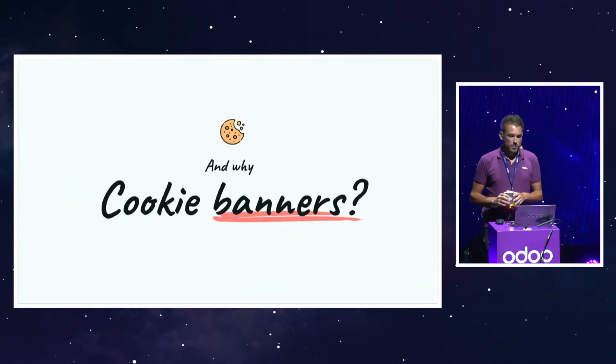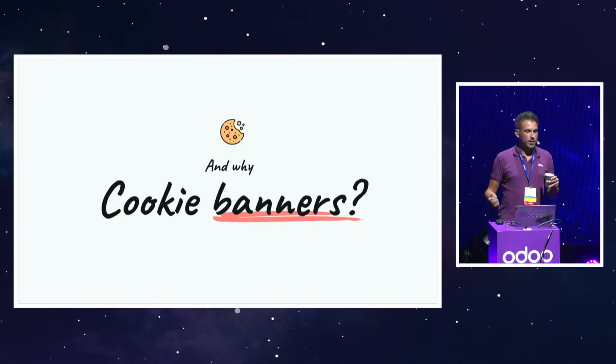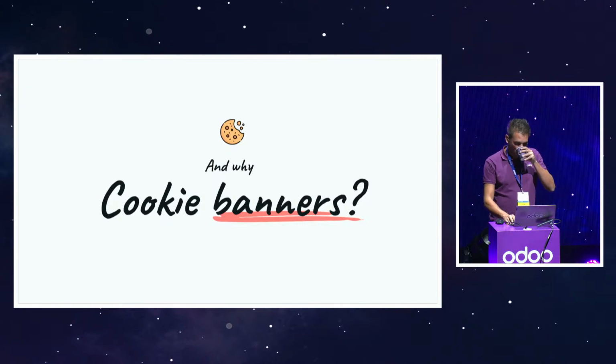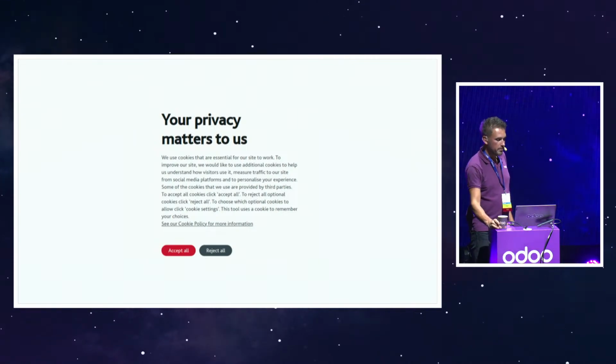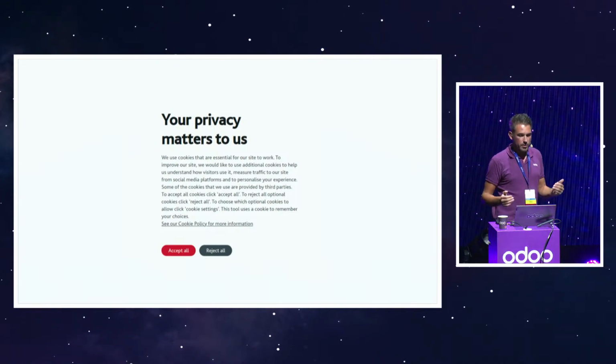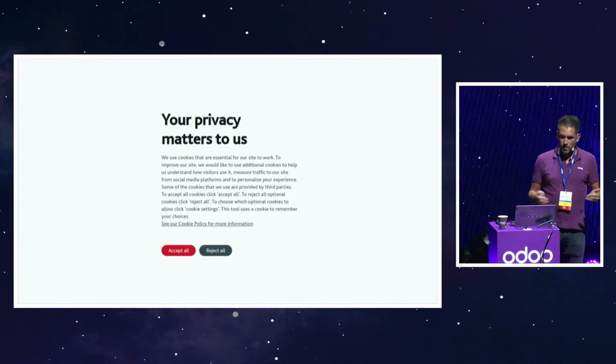Right. So now, why do we have cookie banners? Here is another example of a cookie banner where we have a link to a cookie policy. We can accept all or reject all.